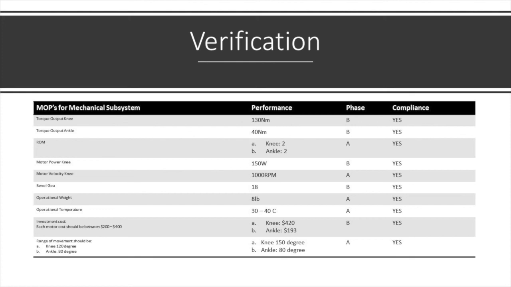And finally, our range of movement should be 150 degrees in the knee and 80 degrees in the ankle. Thankfully, all our MOPs comply and our performance complies with what was previously mentioned in phase A and phase B.